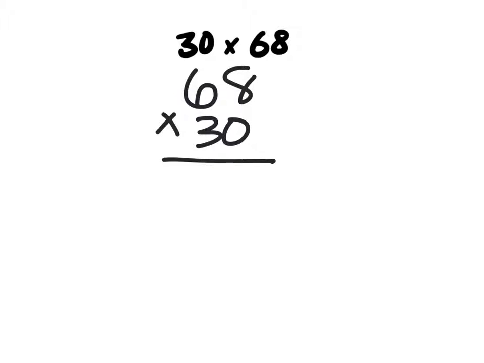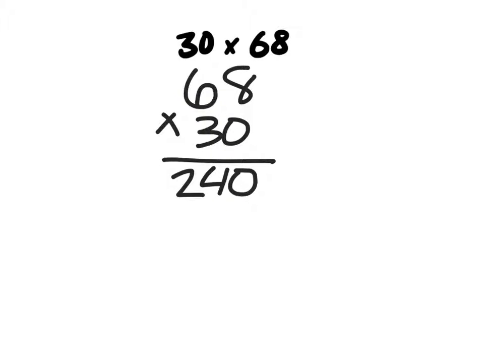So when we multiply, we are going to multiply this 30 by this 8. And we know that 8 times 3 gives us 24. So if we multiply 8 by 3 tens, that will give us 240.